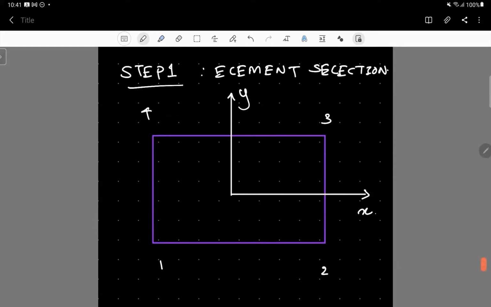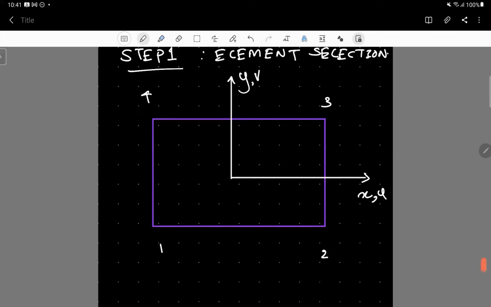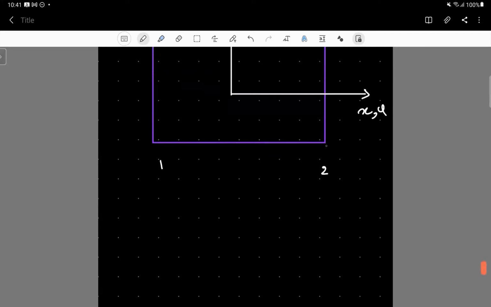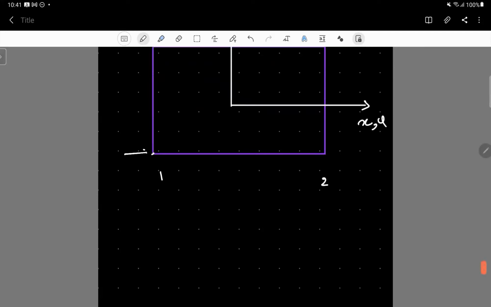The corresponding displacement in the x direction is given by u, and in the y direction is given by v. So at each node, the displacements can be given in the x direction as well as the positive y direction, u2 and v2.